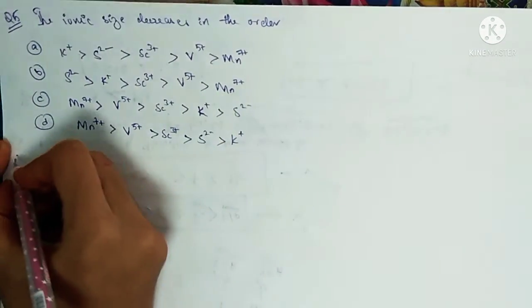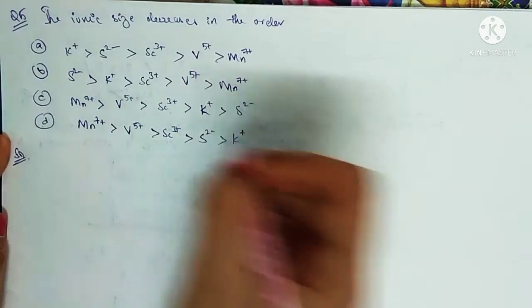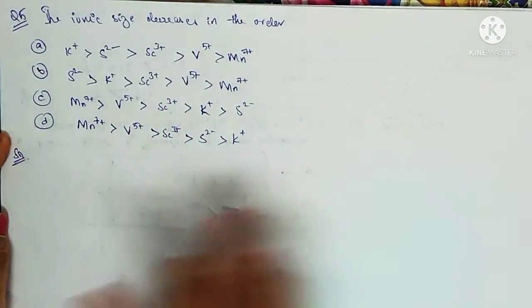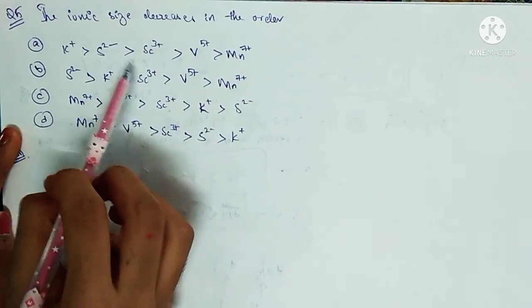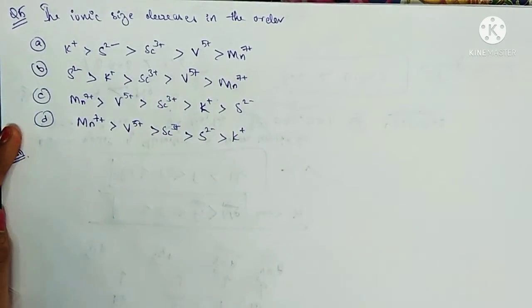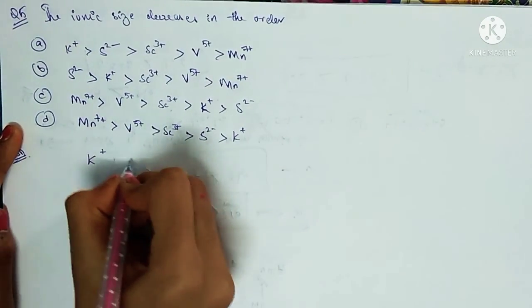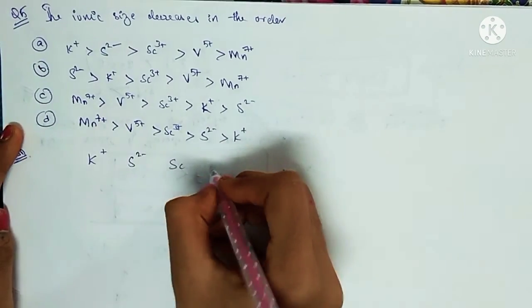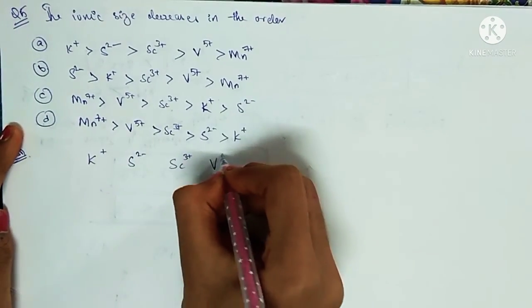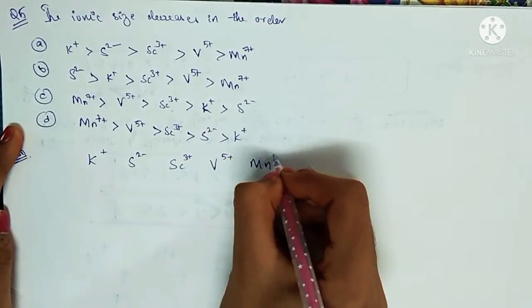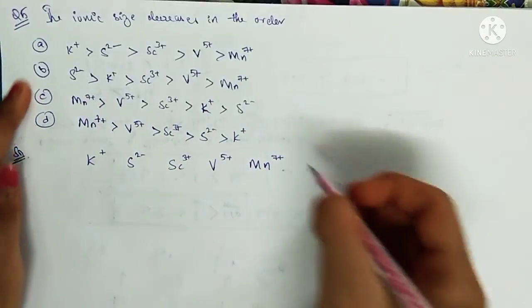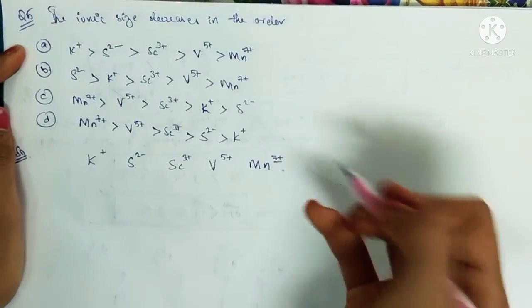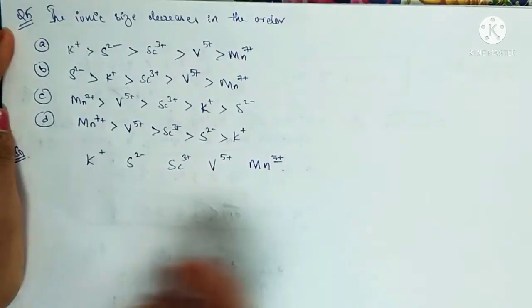So the solution of this question is, here they are isoelectronic species. If you just observe, they are isoelectronic species: K plus, S2 minus, Sc3 plus. So here are the species, and we know that the greater the positive charge, the lesser the ionic radius.